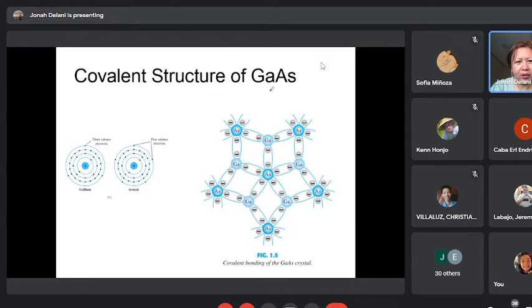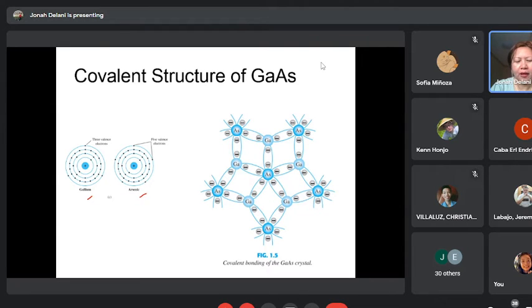A semiconductor does not only exist as an element. There are compound semiconductors also. Examples here are gallium arsenide. It consists of a gallium material and an arsenic material.